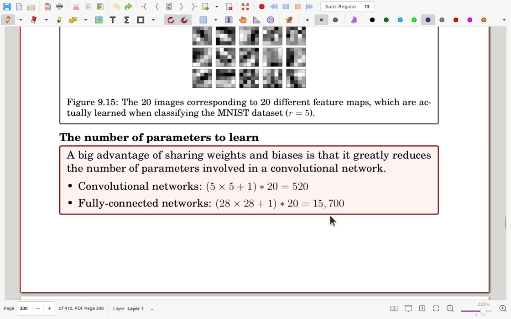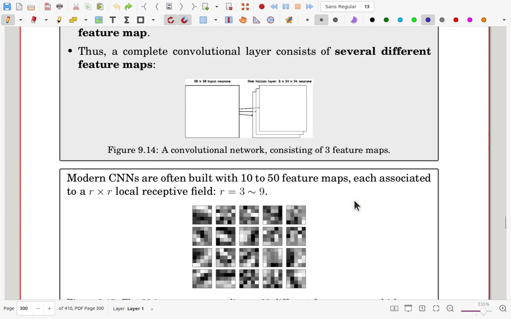However, the next connection is from the output of this convolutional neural network. If you are choosing, for example, 20 feature maps, then each one is 24 by 24 times 20, which is really a huge number.